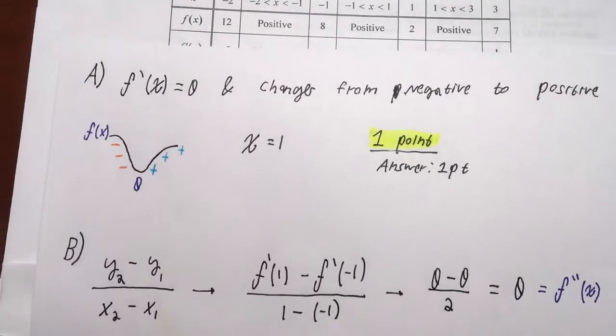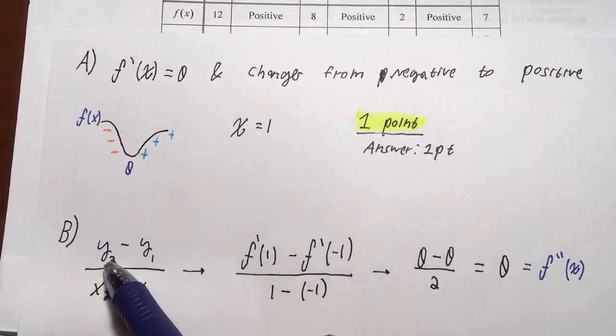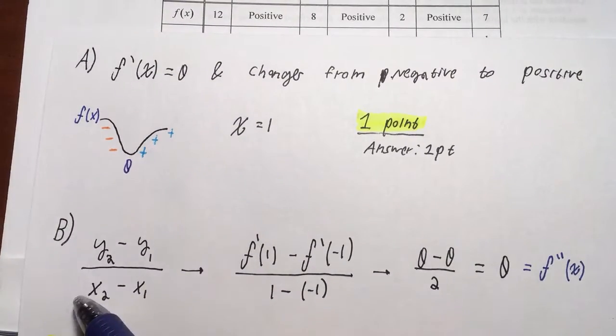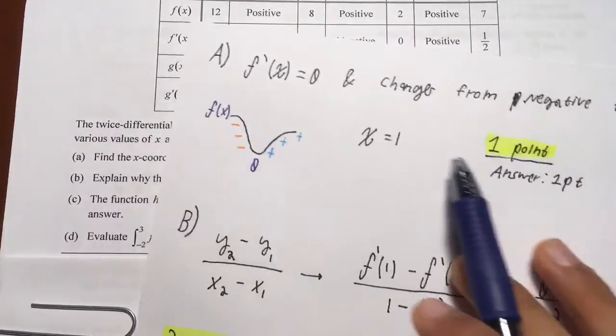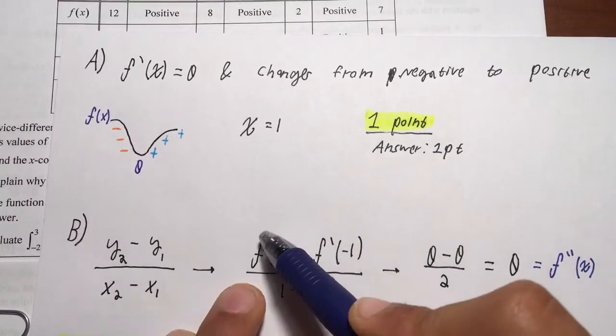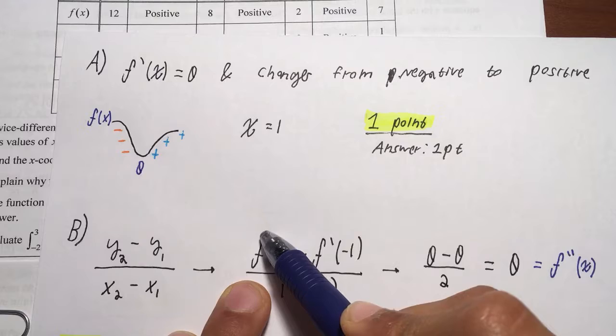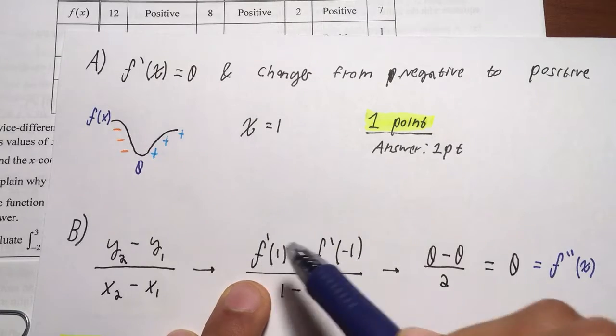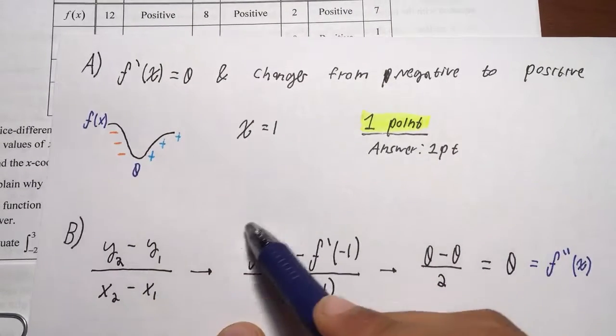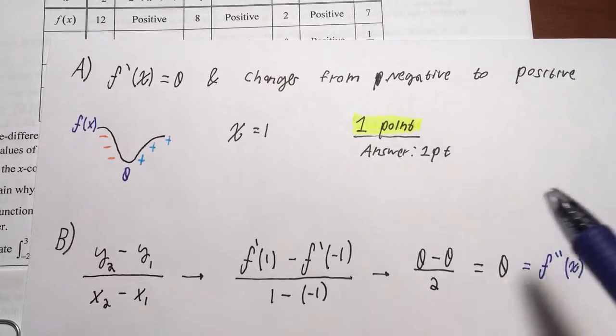So the one that we all know and love, y2 minus y1 divided by x2 minus x1. Well, if I take the derivative of f prime, I get f double prime. So I'm going to find the average value of f double prime.